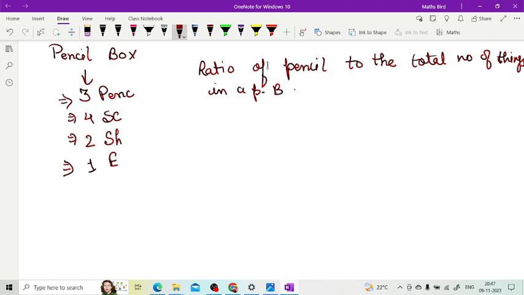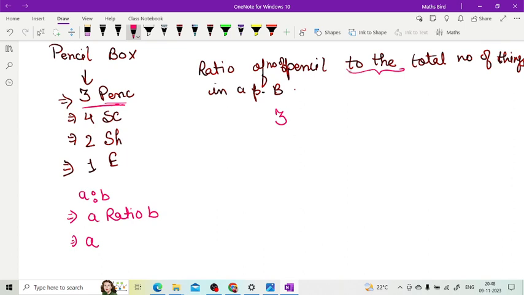Ratio of this is, we can write number of pencil. So how many pencils are there? 3 pencils. So number of pencil is 3. The first thing is A:B, and A:2B, right?